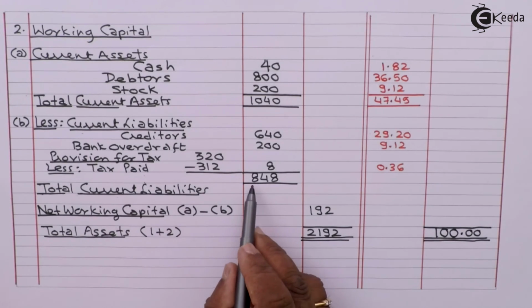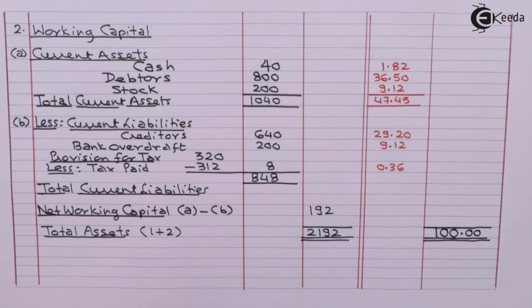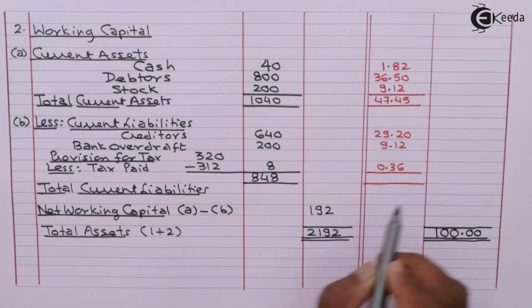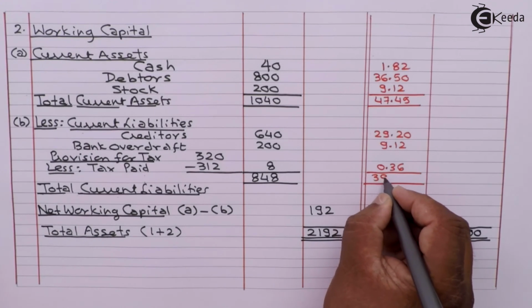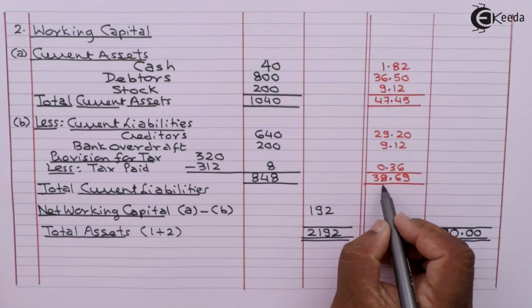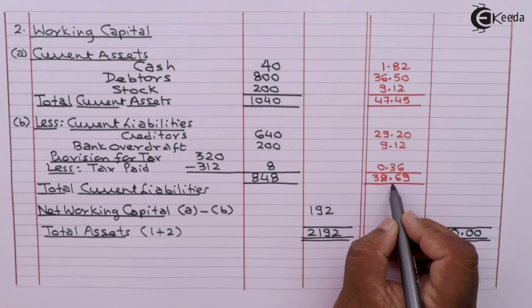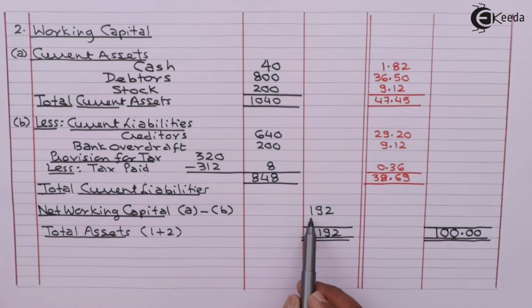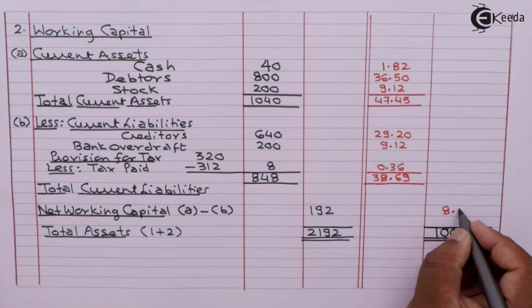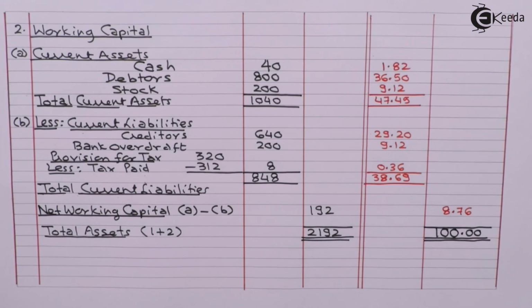Total current liabilities 848,000. Total current liabilities 38.69%. Net working capital 192,000, (8.76%). Thus we have completed common size balance sheet.